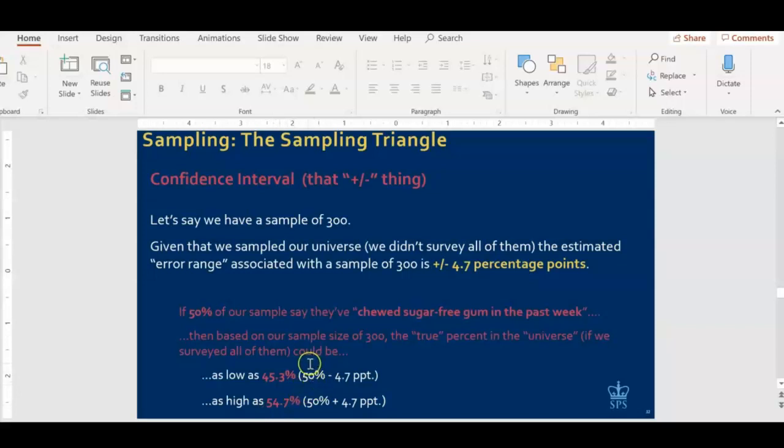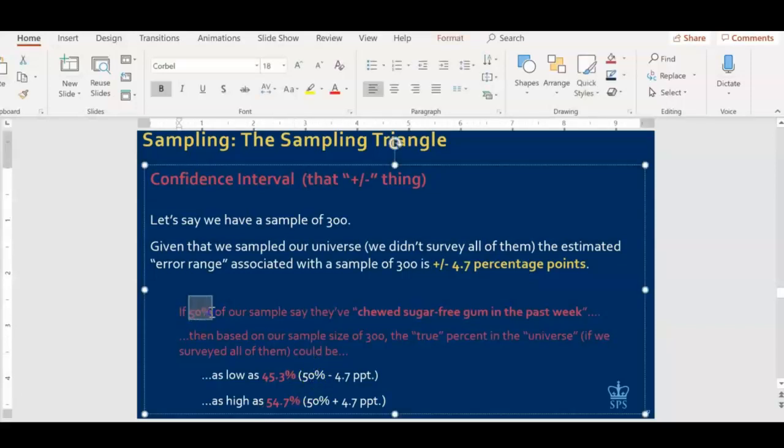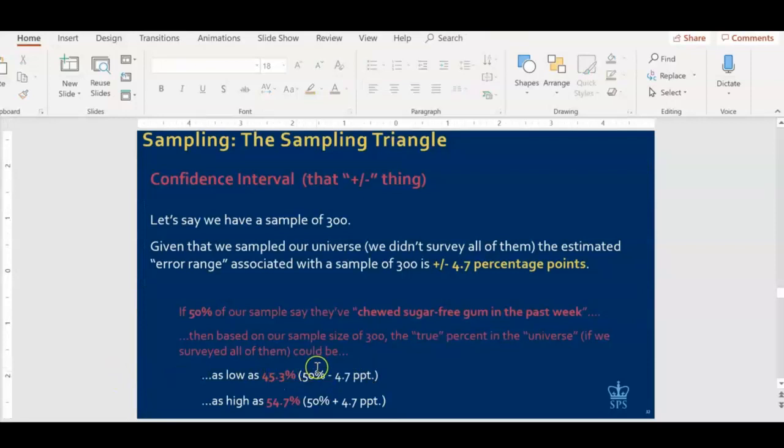How you calculate that is you take the proportion of people who said they did something, in this case chew sugar-free gum, and for our low point we'll subtract the 4.7 percentage point error range from that 50%. For our high-end range, we'll take the 50% and add 4.7, and that's how we calculate our error range.